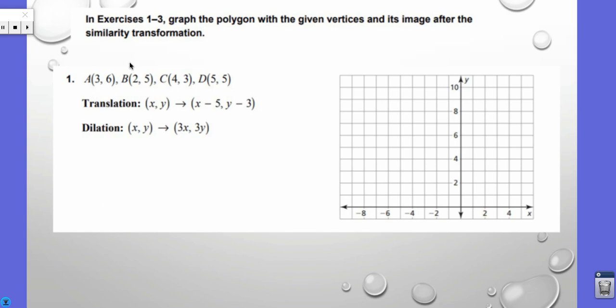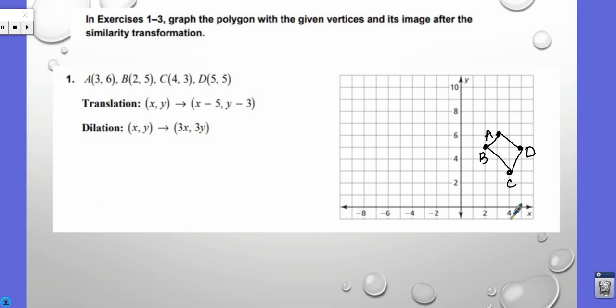It says in exercises 1 through 3, graph the polygon and the given vertices and its image after the similarity transformation. So I'm going to go ahead and graph my pre-image. So we get 3, 6, this is A, and then 2 and 5, this is B, 4, 3, C, and then 5, 5, D. All right.